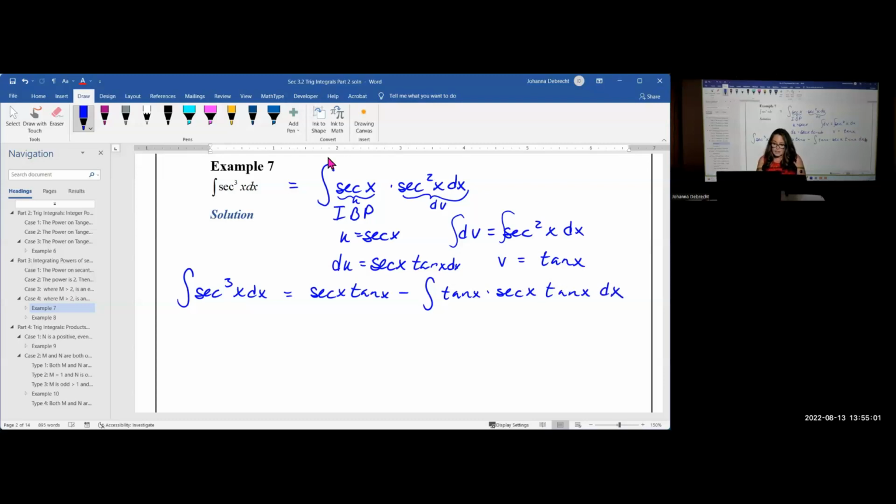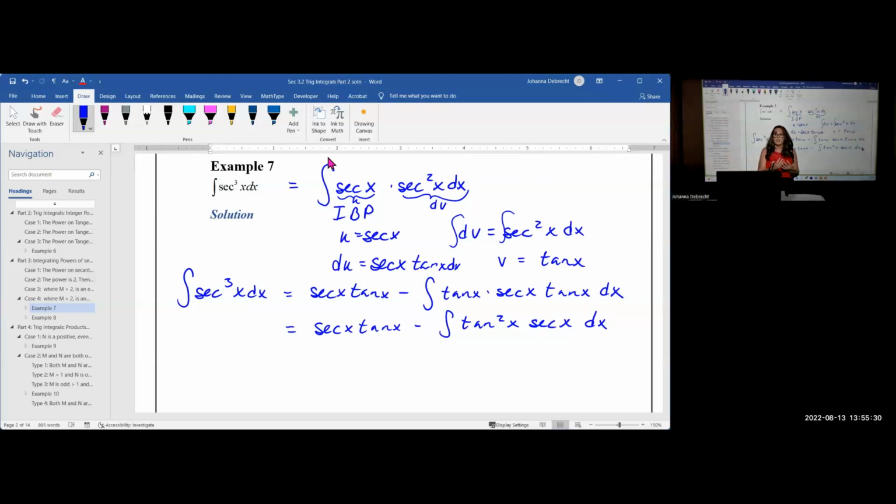So now when I look at this one, we have a slightly different one: secant of x tangent of x, minus the integral of tangent squared of x times secant of x dx. Now, we haven't talked about how to mix the 2 together yet.